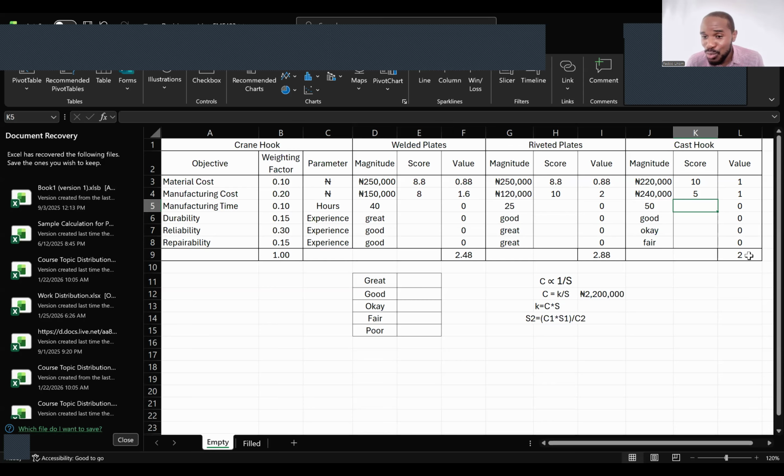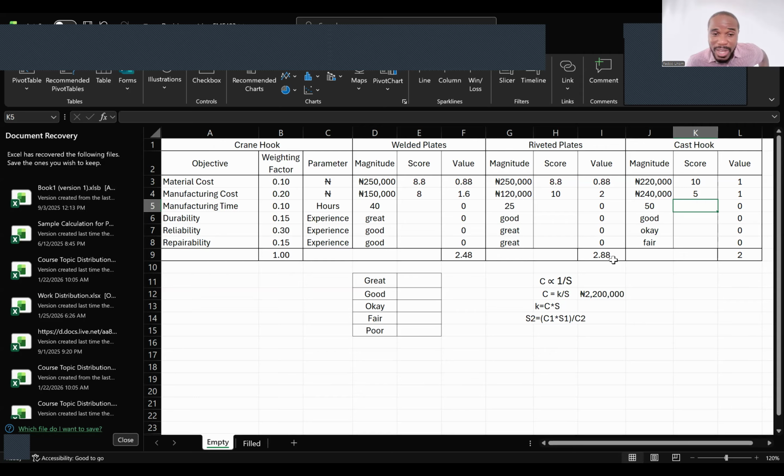The cast hook is already underperforming. It was leading the race at first. Now it has dropped because of the material cost and because of how important that is to us, right? So far, based on material cost and manufacturing cost only, riveted plates seem to be winning. It seems to be the best option. If those were the only two things we considered, then we would have gone for riveted plates.